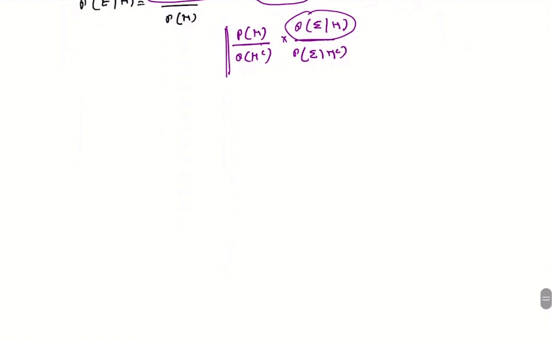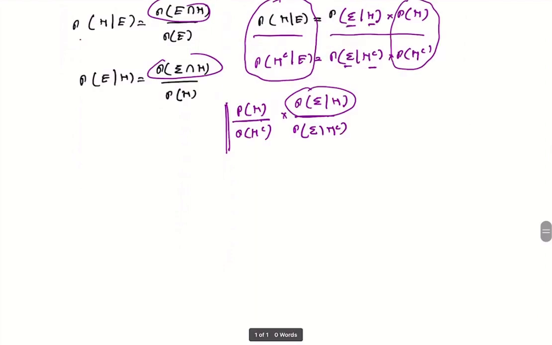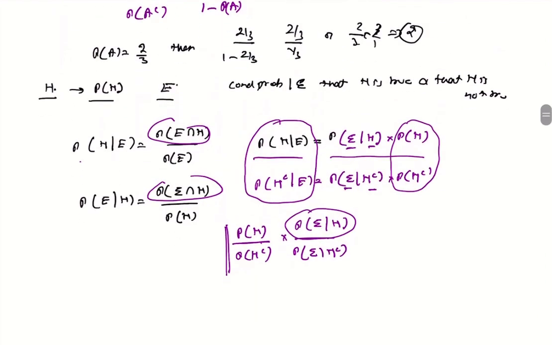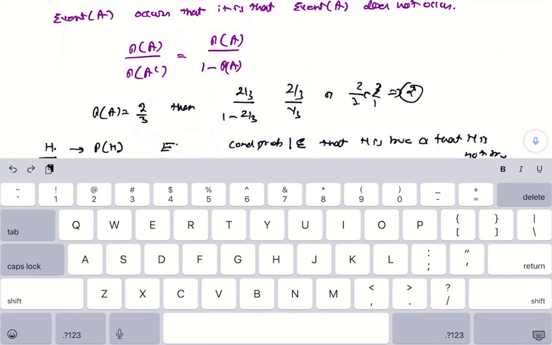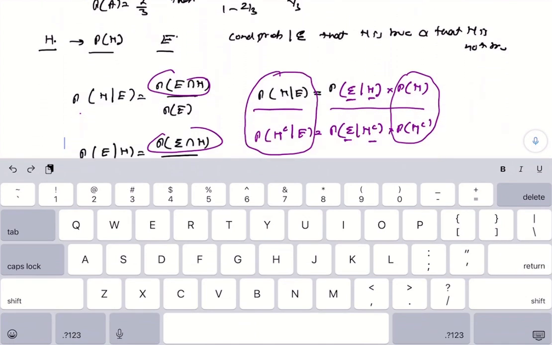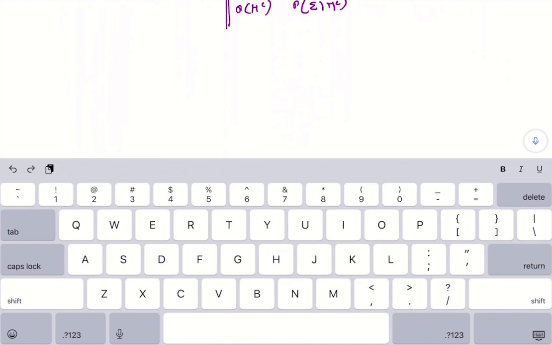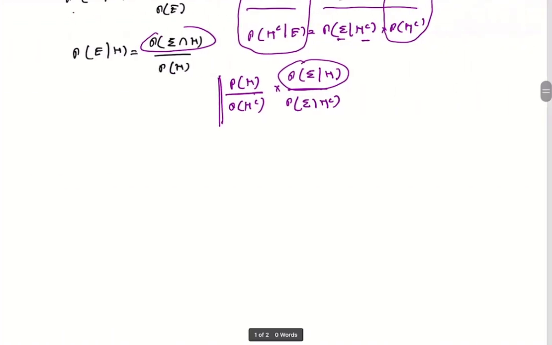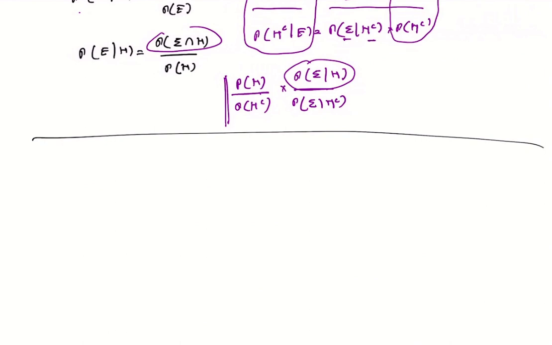We'll do it with a simple example. The example is an urn that contains two type A coins and one type B coin.